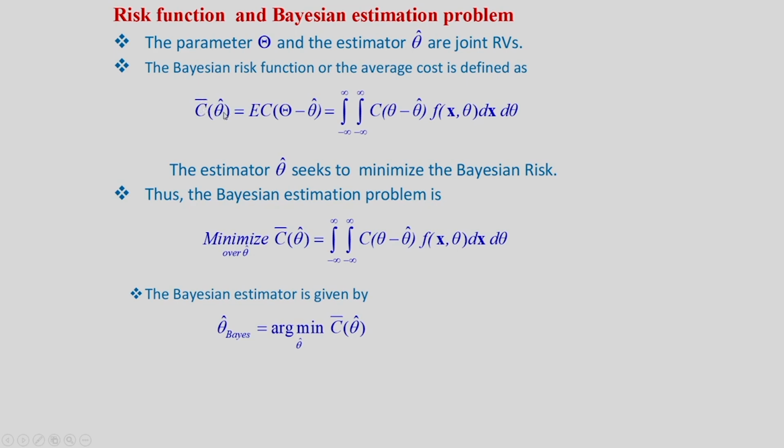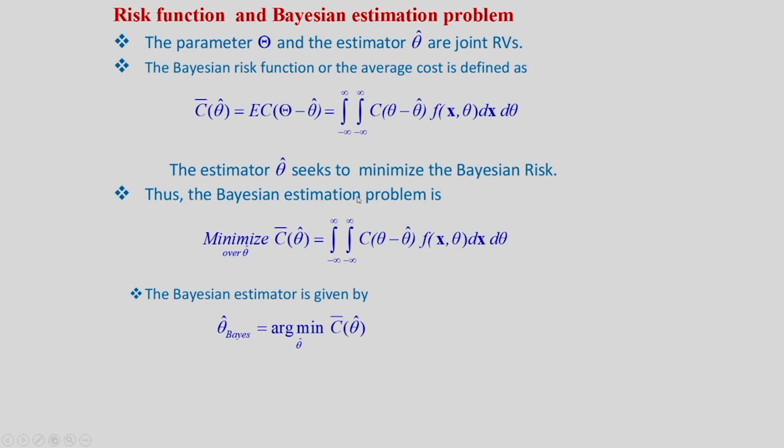It is a function of theta hat, given by the expected value of C of theta minus theta hat, and if we expand it, it is the integration from minus infinity to infinity of C of theta minus theta hat into f of x, theta dx d theta. The estimator theta hat seeks to minimize the Bayesian risk. So, a Bayesian estimation problem is to minimize this risk function.